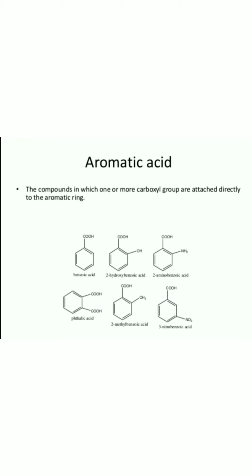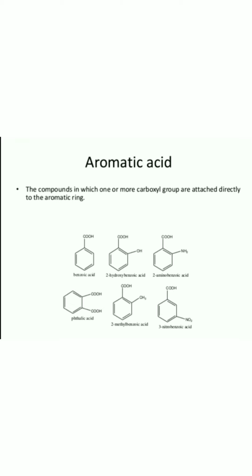So concentrate on the first one, benzoic acid. Then the second one, 2-hydroxy or ortho-hydroxy benzoic acid. Then we concentrate on the 2-amino or ortho-amino benzoic acid. When two carboxylic groups are attached together, we call it phthalic acid.